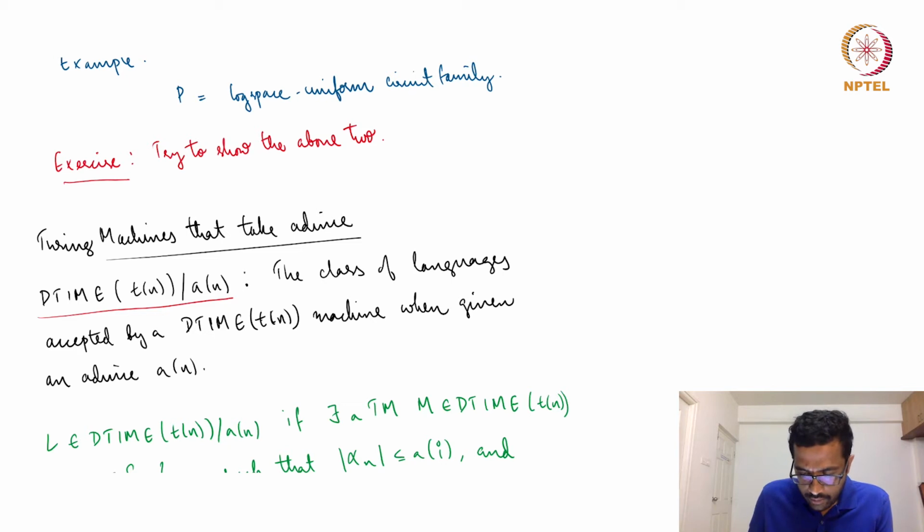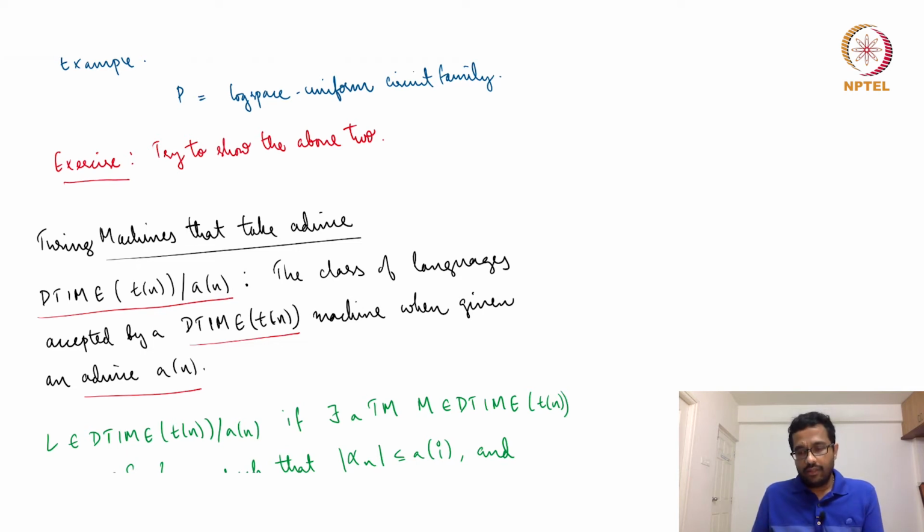DTIME(T(n))/a(n) is the class of languages that is accepted by a DTIME(T(n)) Turing machine which has an advice string available to it. The advice string is alpha n.